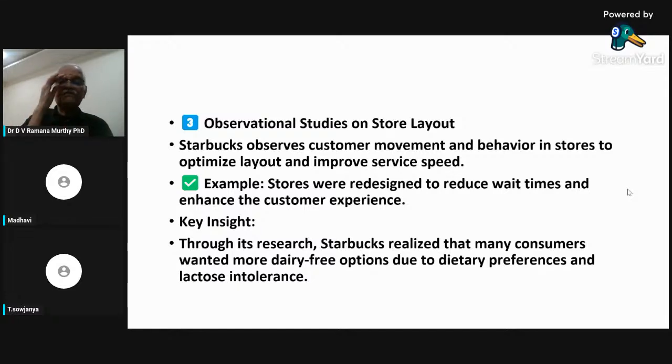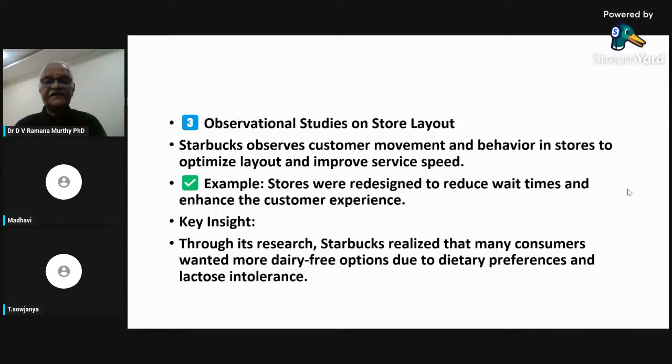For example, if you want to order a cup of coffee, or if you want to make it on a percolator that is given here, it's difficult for them because there are a lot of queues and all that. The problem that floated up is there are a lot of wait times, and in order to enhance customer experiences they wanted to change the store layout. Stores were redesigned to reduce wait times and enhance the customer experiences.